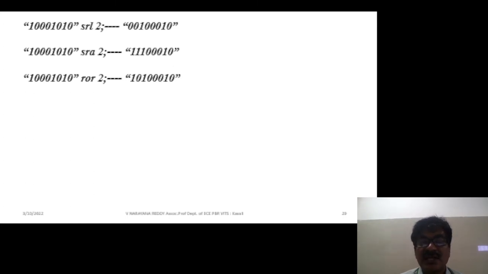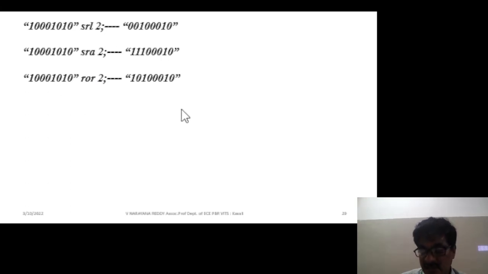But now the new bits in the 2 MSB positions are the 2 LSB bits of the original, since the data is rotated. So when the data is moved towards the right hand side, the MSB positions will be vacant, and they are filled with the LSB bits of the original data.